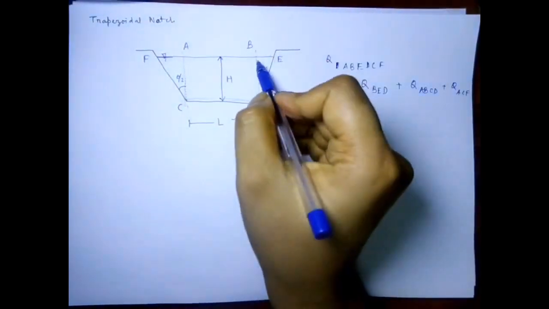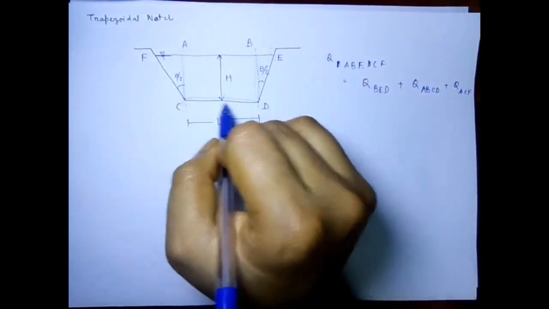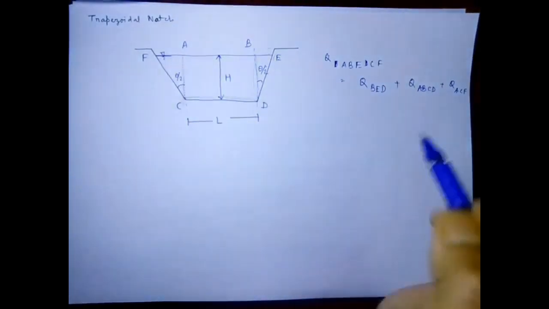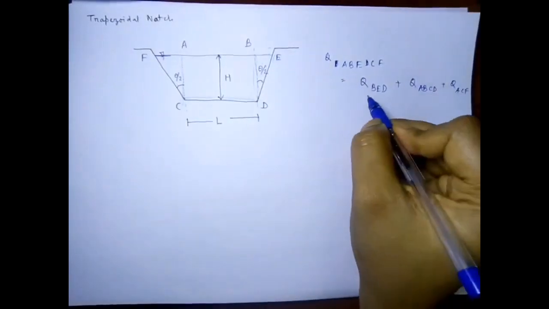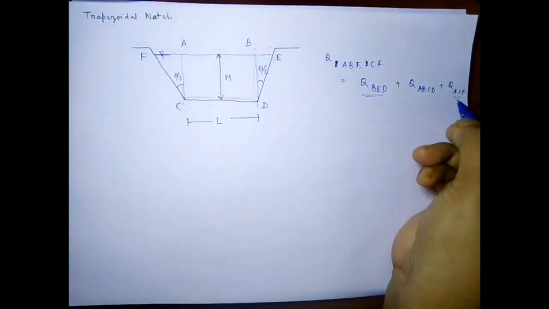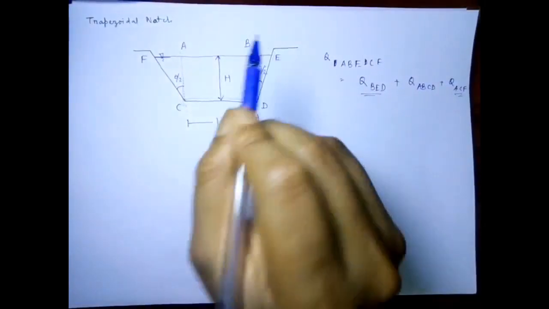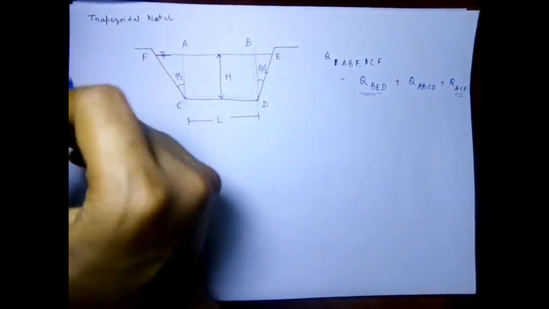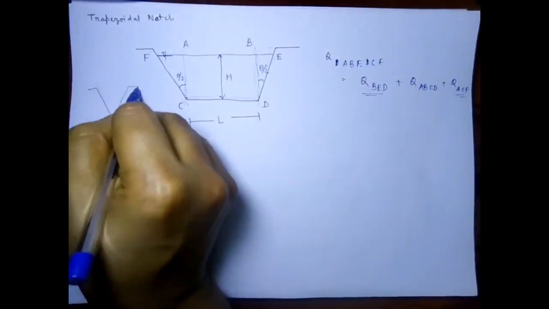That is, the discharge of this triangle plus the discharge of this rectangle plus the discharge of this triangle. So you can say that this triangle BED and ACF together constitute a V notch.